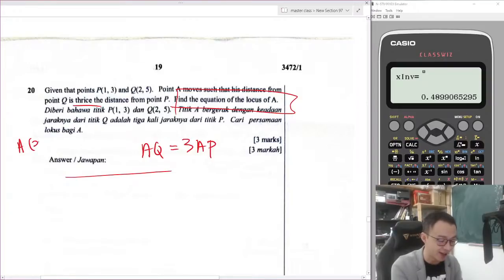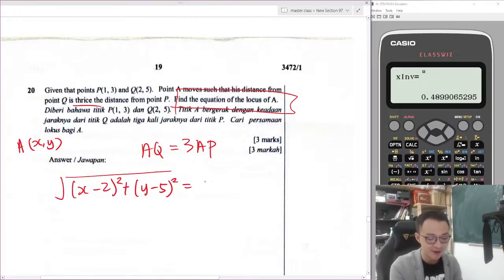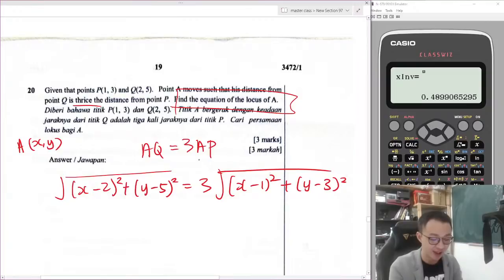Let A be (x, y). So the square root of (x minus 2) squared plus (y minus 5) squared is 3 times the square root of (x minus 1) squared plus (y minus 3) squared, because this is how we take AP and AQ. Then I will simplify it by squaring both sides.